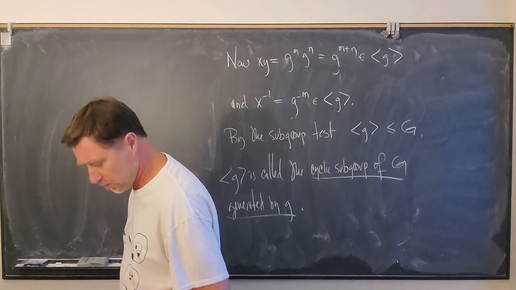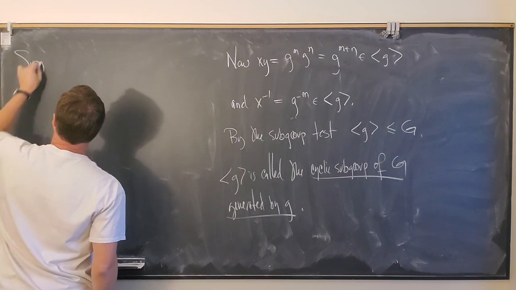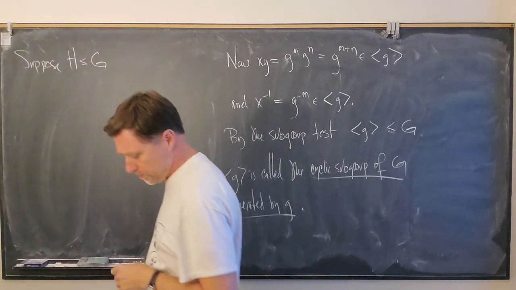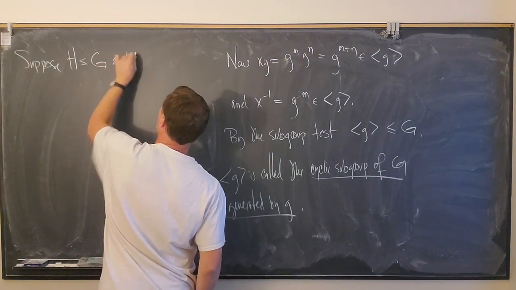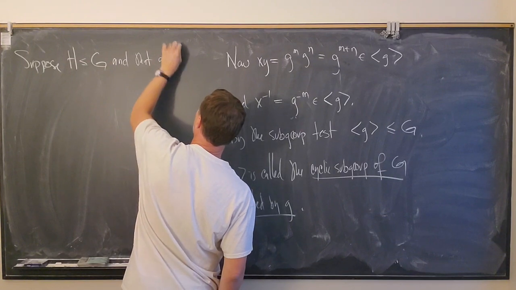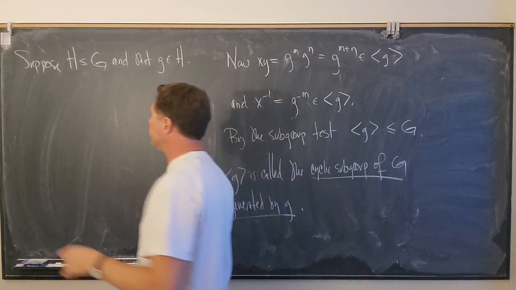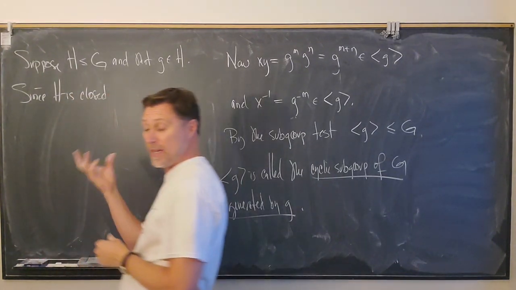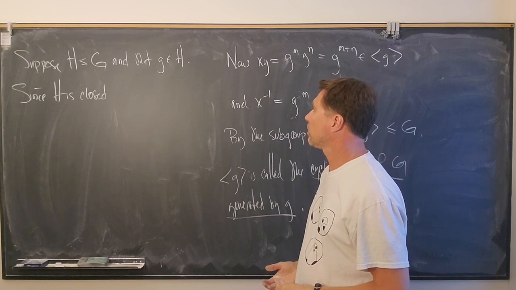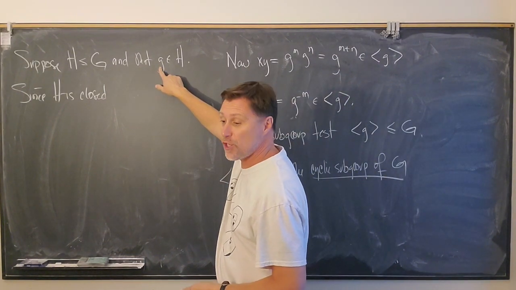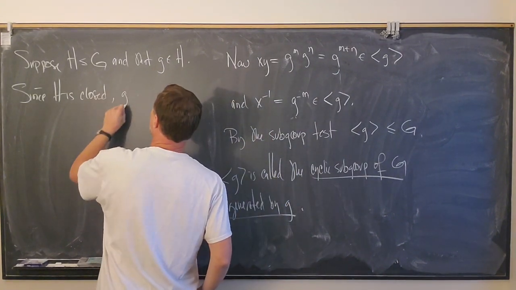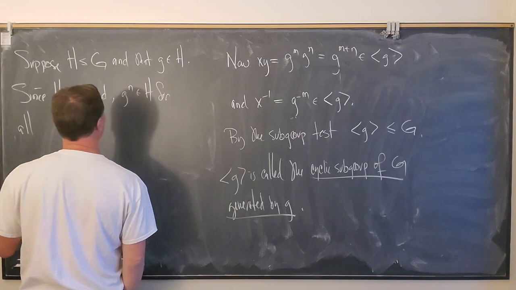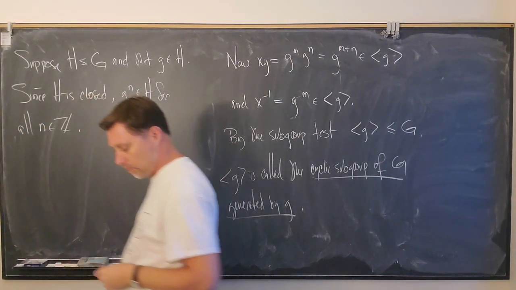So suppose, still working within the same discussion, we've got our group G. Suppose H is some subgroup of G, and that little g is an element of capital H. Now, since H is closed, remember, if you multiply elements from H, it lives in H. So that would mean all possible powers of g have to live in H. So since H is closed, g to the n is an element of H for all n in Z.